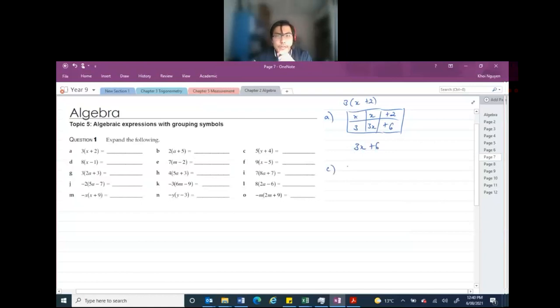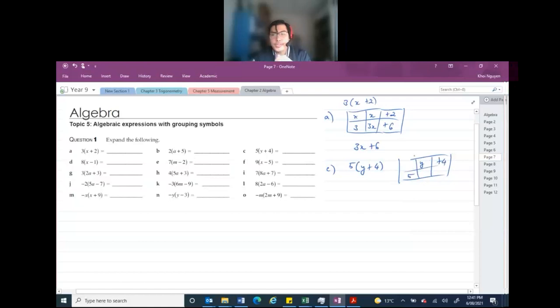Next one, we have C. So 5 brackets y plus 4, creating our table. So we have 5 on the outside, then y, then plus 4.